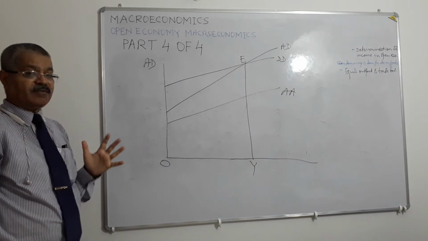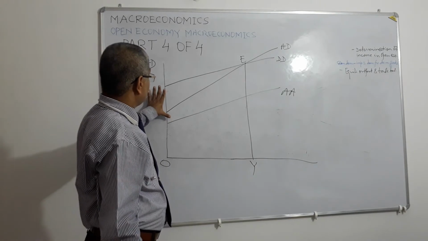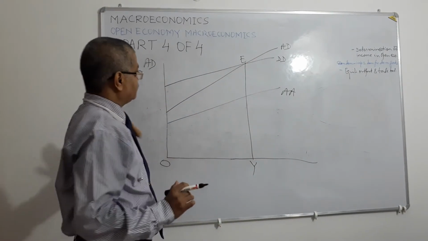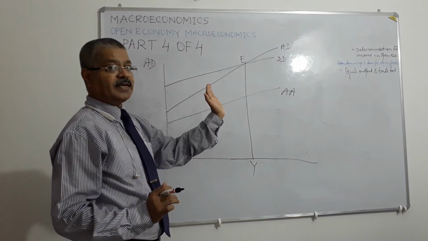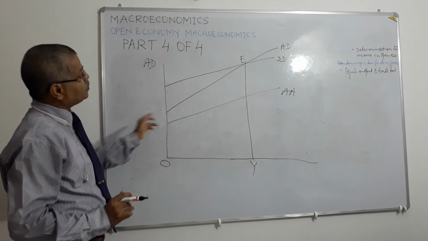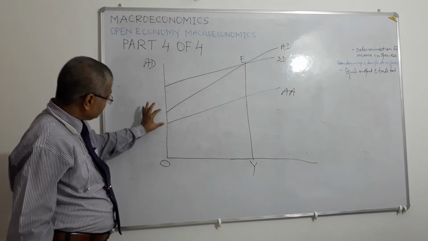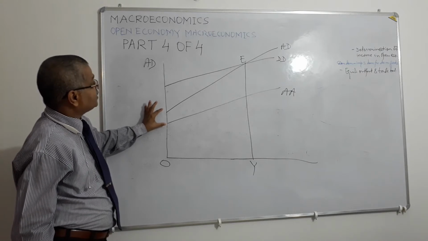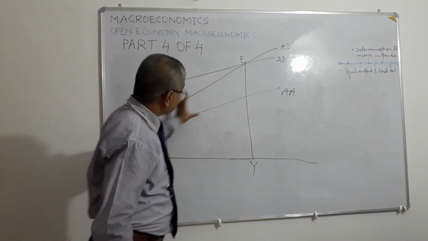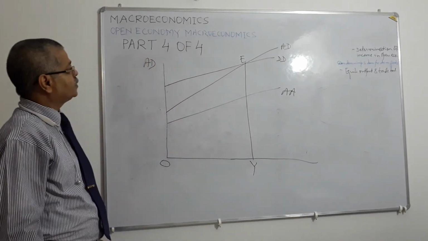Exports are not influenced by increase in domestic income. But when you see aggregate demand, initially the difference between AD and AA is less, but it keeps on increasing with increase in domestic income.